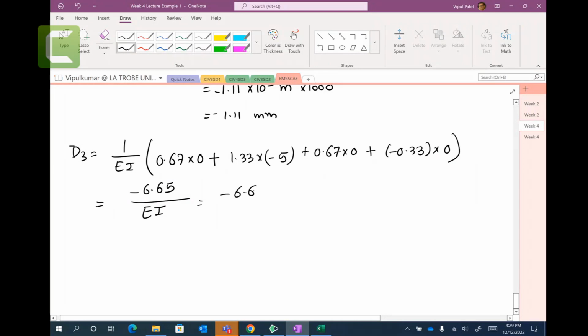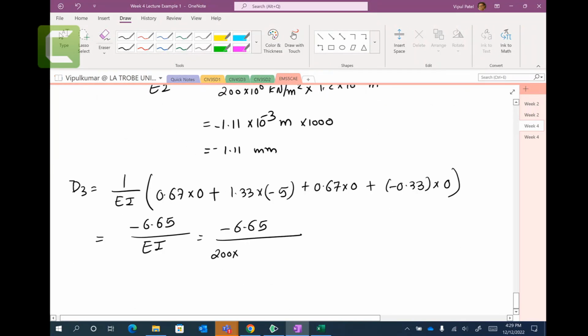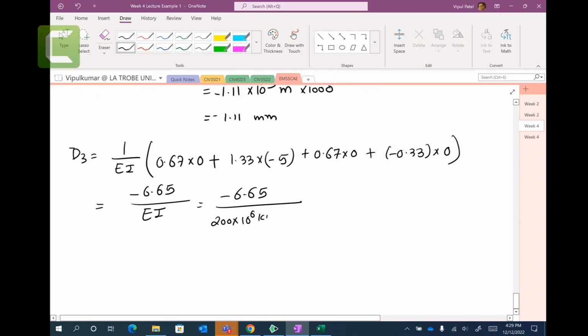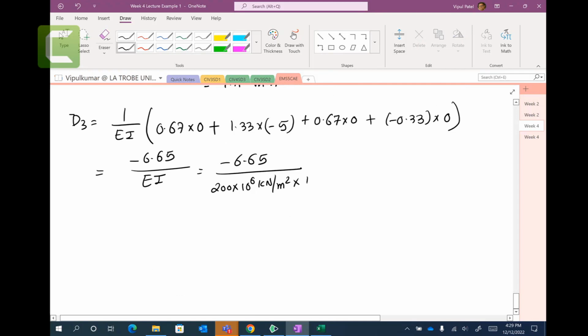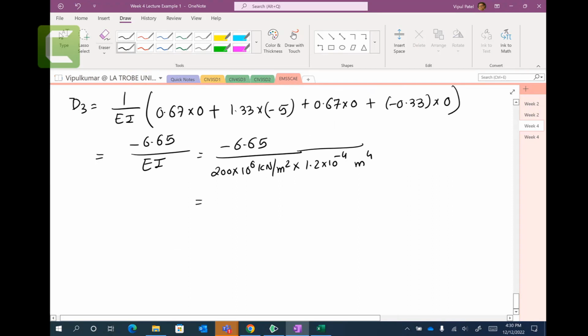And we can substitute that value. 200 times 10 raised to 6 kilonewton per meter square times 1.2 times 10 raised to minus 4 meter to the power 4 is equal to, 6.65 divided by 200 times 10 to the power 6 times 1.2 times 10 to the power minus 4.